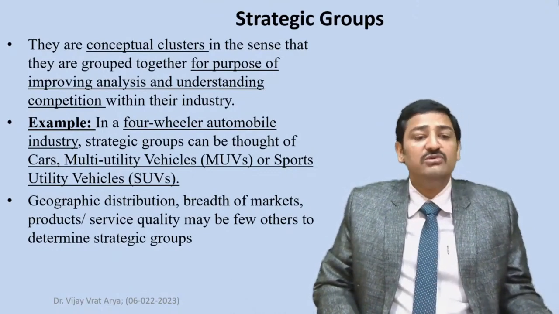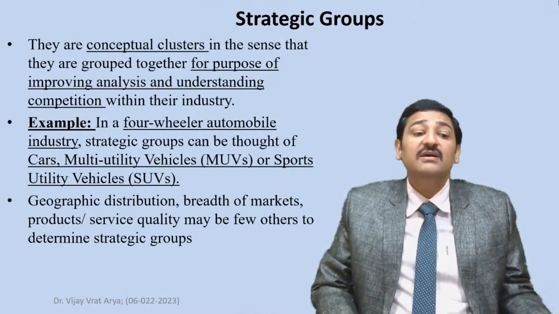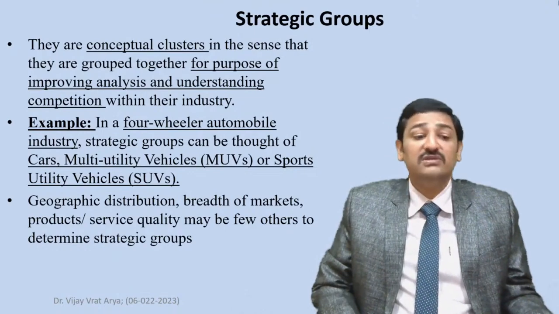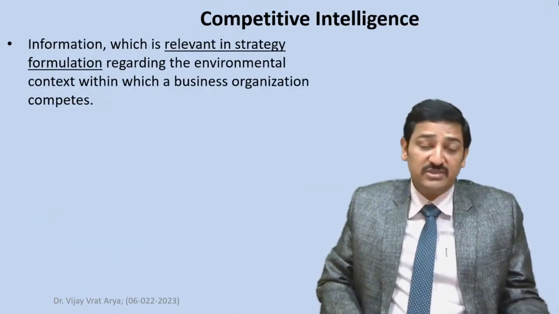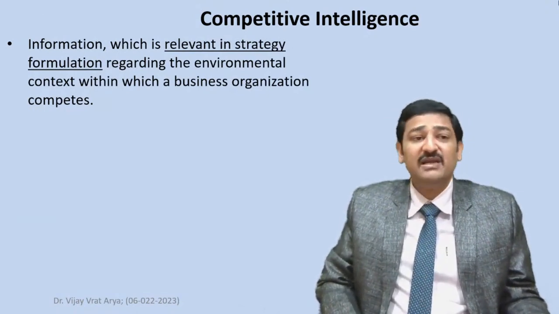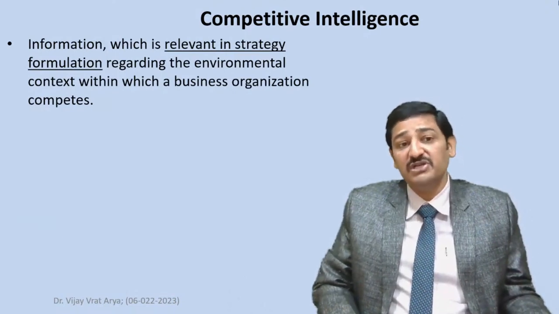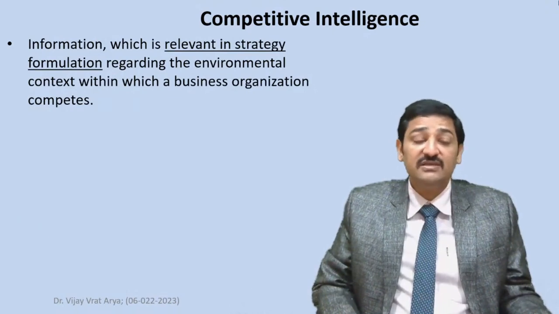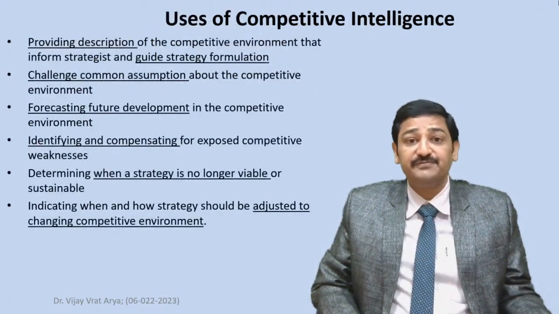It can also include the geographic distribution, breadth of markets, and product and service quality, which may be a few others used to determine strategic groups. Apart from that, we also need to understand competitive intelligence, which is primarily information relevant to strategy formulation regarding the environmental context within which business organizations compete with each other.